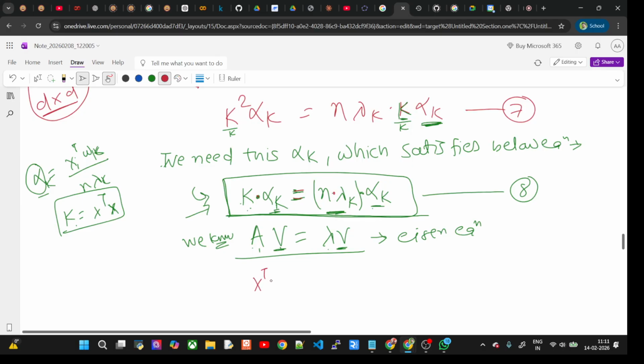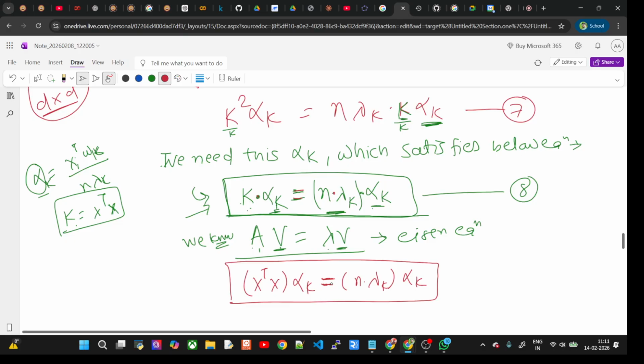X transpose x alpha k equals n lambda k alpha k. So you need to find the alpha k which satisfies this equation. This is one basic important thing you need to find out.